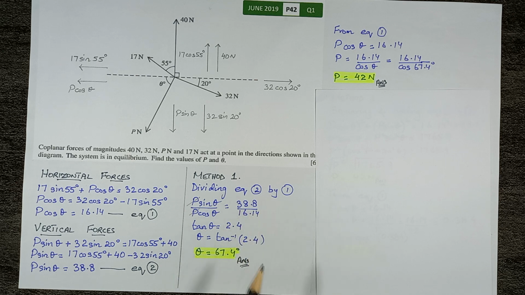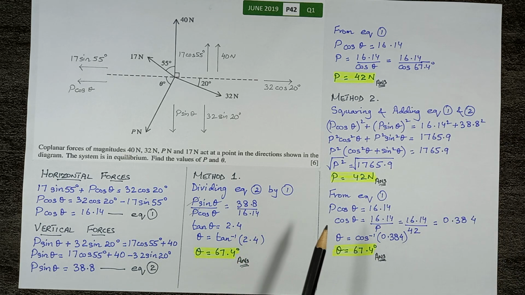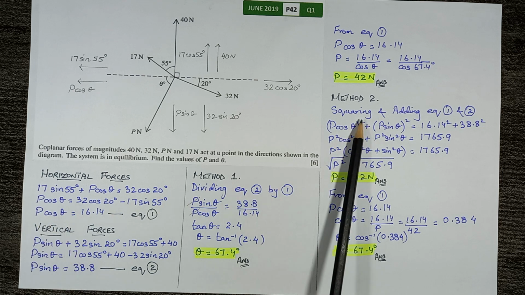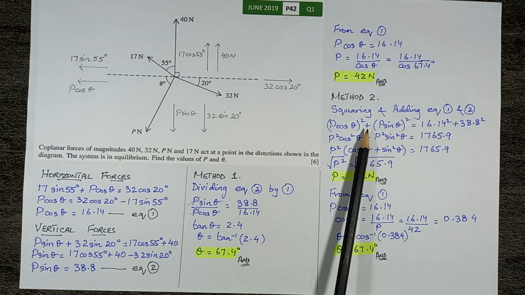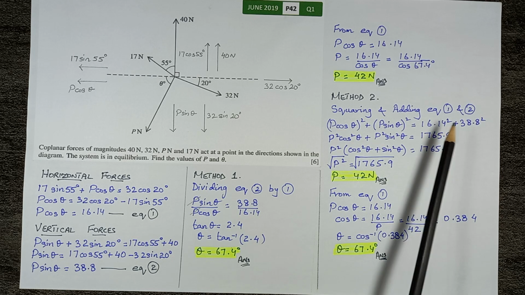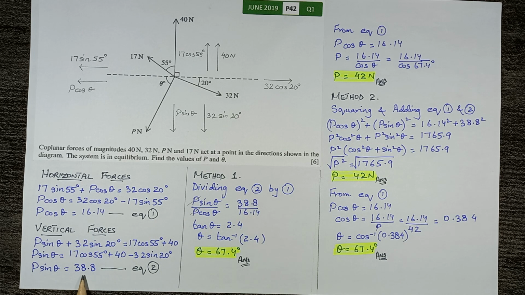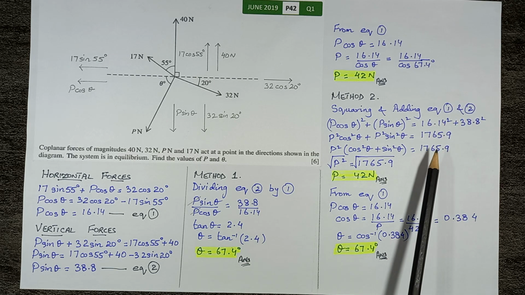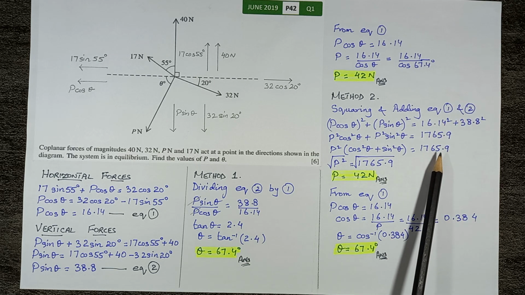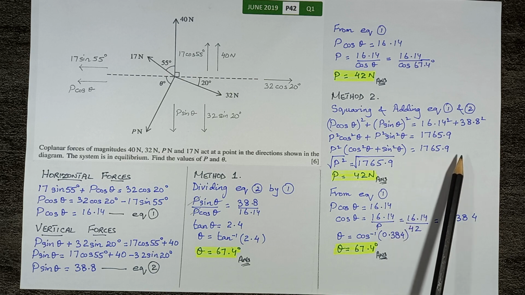We do have another method also, that is also the easiest method, that is by squaring and adding equations 1 and 2. That means if we square and add equations 1 and 2, P cos theta squared plus P sin theta squared, definitely 16.14 squared and 38.8 squared, after squaring and adding, we have 1765.9.